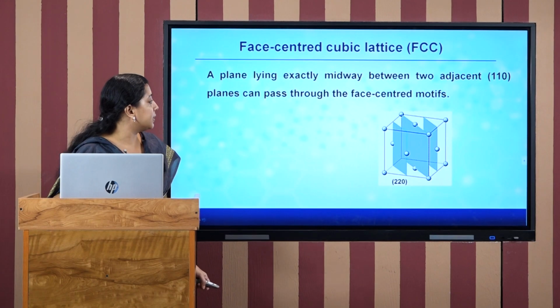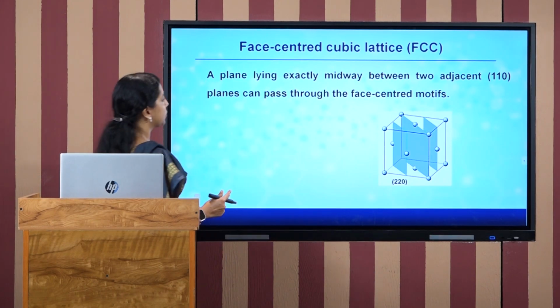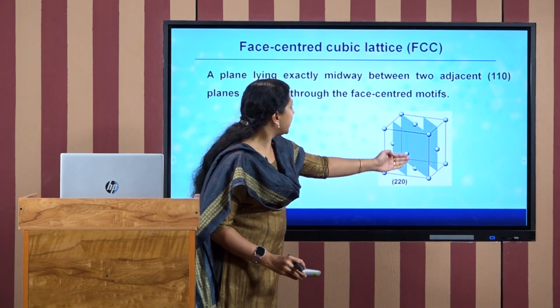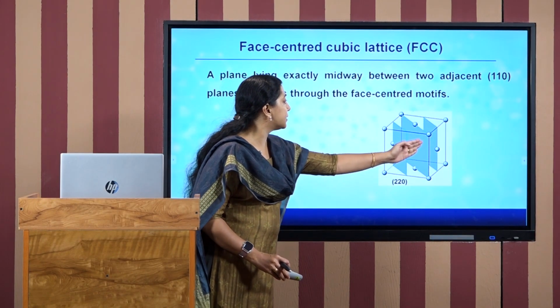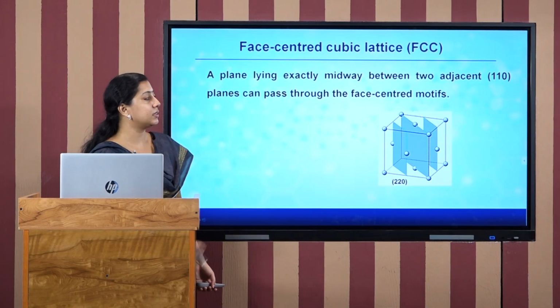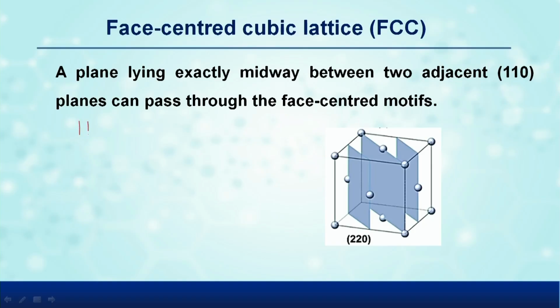So, next plane is 1 1 0. Here also you can see a plane lying exactly midway between the two adjacent 1 1 0 planes, and that can pass through the face centered motifs. So, instead of 1 1 0, the plane cuts the axes at 1 by 2, 1 by 2 and at infinity.